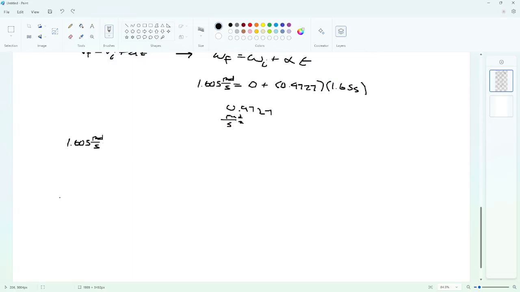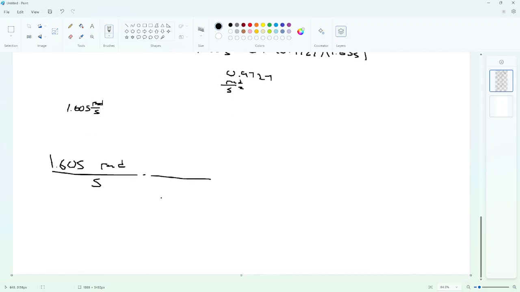Okay, so this is how it goes. We have 1.605 radians per second, and for every 2 pi radians, there's 1 revolution. How do I know this? Well, a revolution is a complete rotation, just like that.